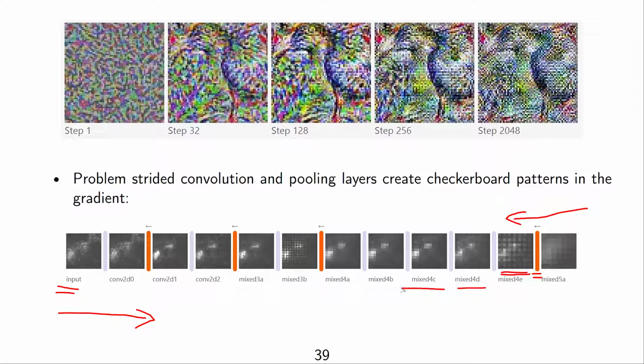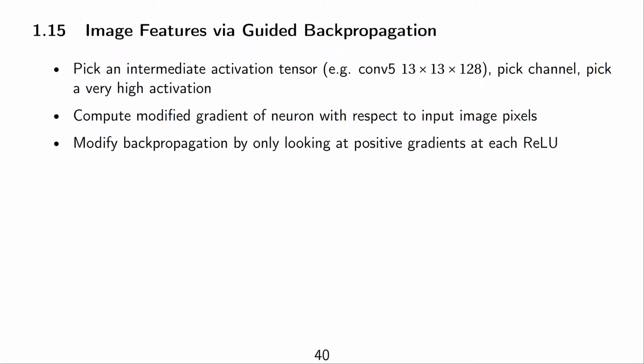Then as you go here, here, here, this checkerboard pattern largely disappears, but then you get to this other problematic layer, and again the resolution changes, and in mixed 3b we see this checkerboard pattern again very strongly noticeable. Same thing when we look at this layer, it introduces a checkerboard pattern, and in this layer there's another strong one.